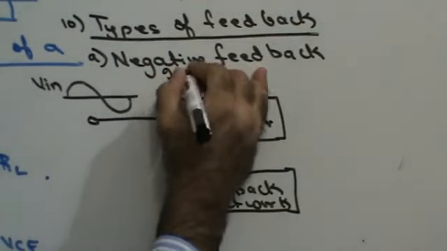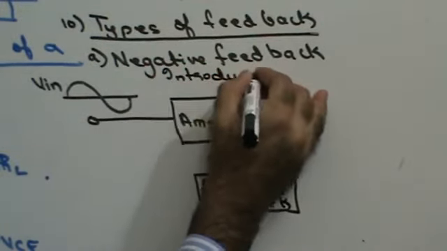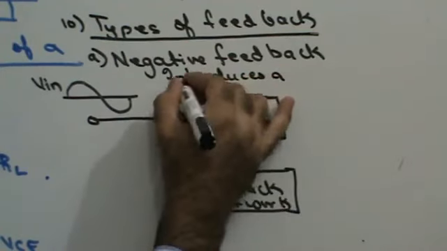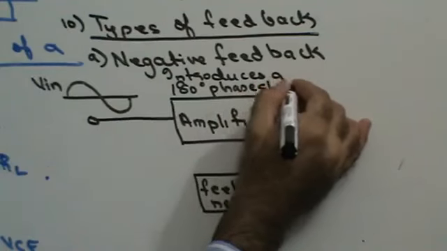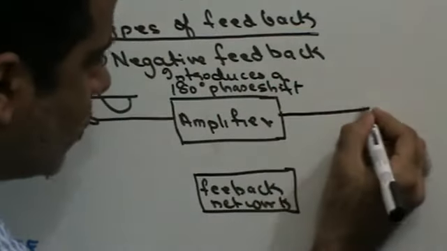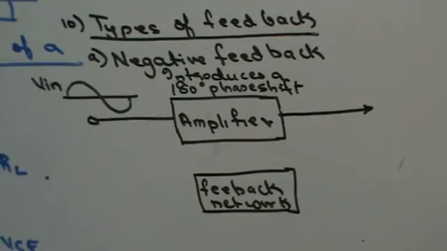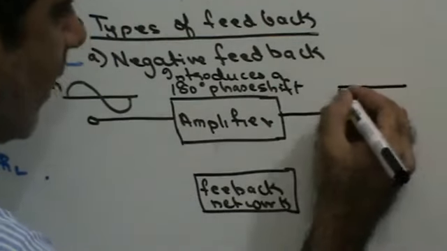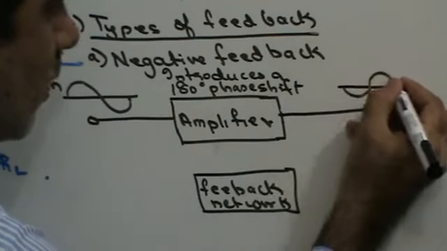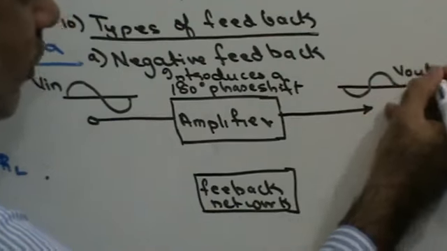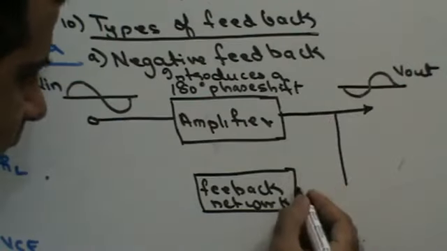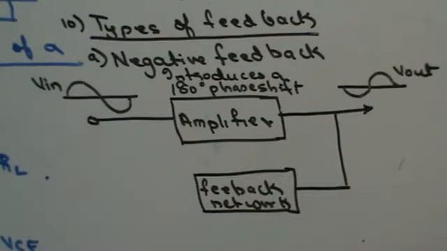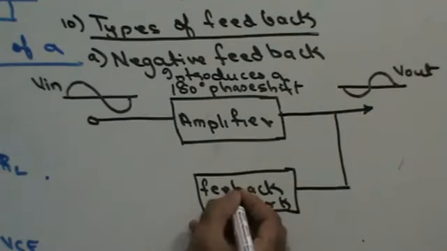It introduces a 180-degree phase shift, as a result of which my output from the amplifier is going to be 180-degree out of phase. This is going to be my V out. What we do is we take a part of this V out and give it to the feedback network.